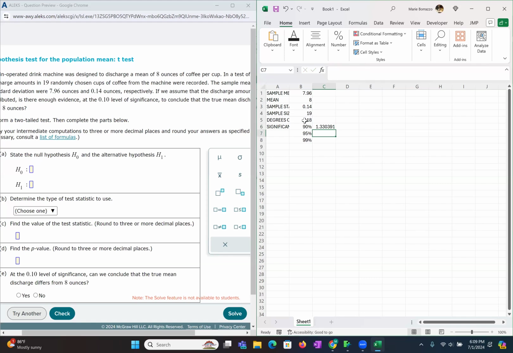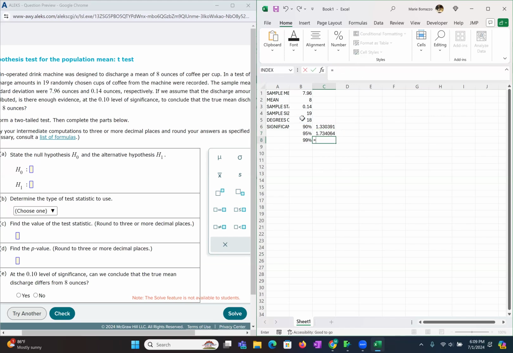All right, and then you're going to do the same thing at 0.95, so it equals t dot inverse. Again, the probability is 0.95, and our degrees of freedom is 18.